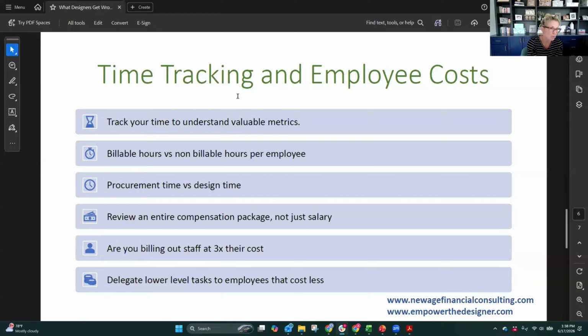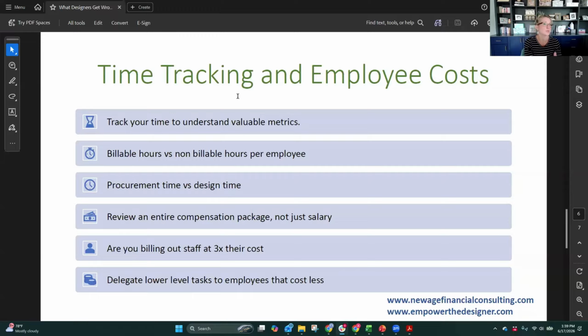We have to buy the fabric to resell it. When we're looking at design fees, our direct cost can be harder to find. So do you know how much money you're making, whether it's from your own time or from your employees' time?